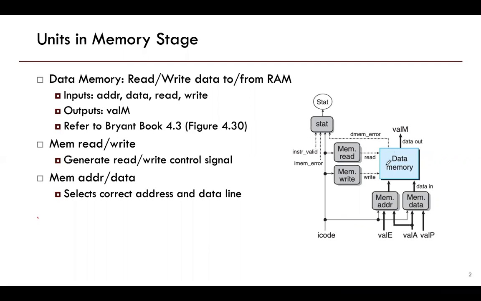We have the main components of each unit, each stage, and then to select the correct control signal and data signal, there are control modules, mostly combinational logic, which select multiple input data and use the instruction code or some necessary information, and then generate the correct control signal or select the correct input data. Okay, let's see one by one.